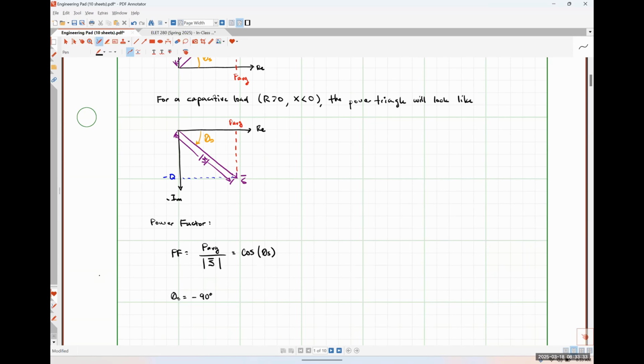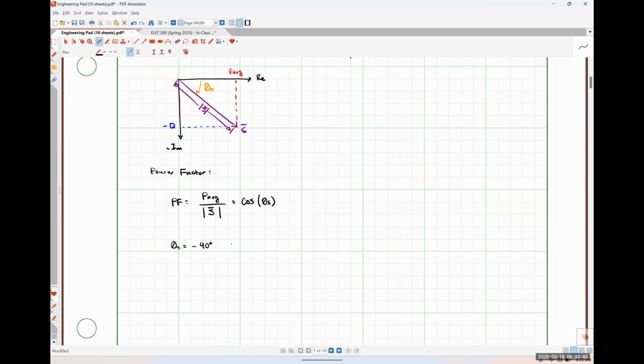So whenever we are dealing with a power factor angle of theta s equal to negative 90 degrees, this means that our power factor is equal to 0 and our load is purely capacitive, meaning that we have no resistance and only negative reactance.